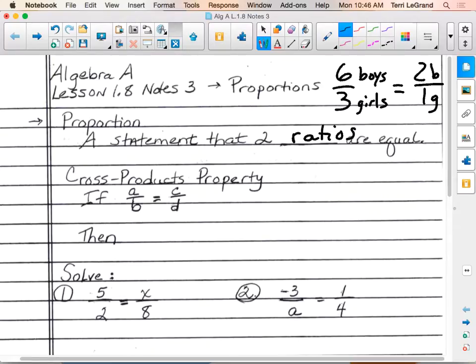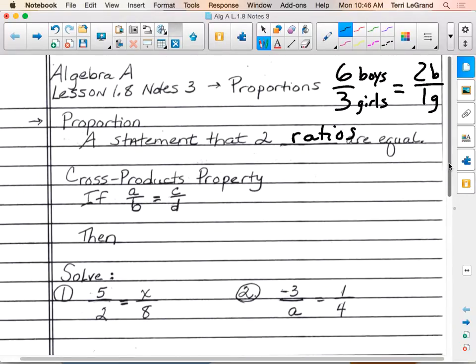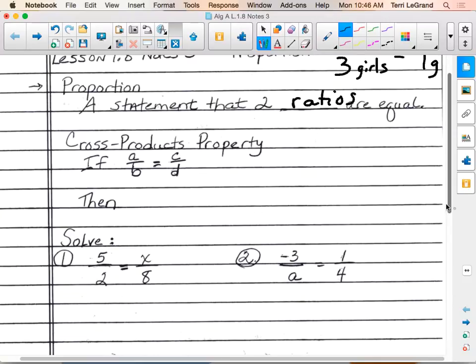And in a proportion, if you can't figure out what the missing number is, you can use something called the cross products property. If you have the fraction a over b equal to the fraction c over d, let me clarify what that means. A would be the 6 boys in the first fraction.